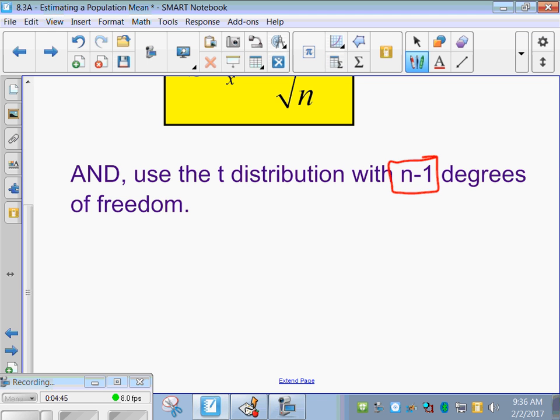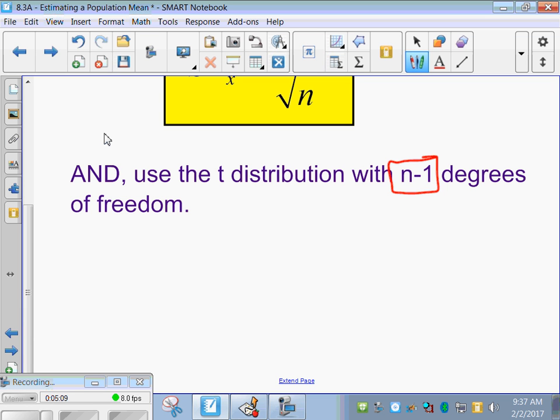It still has to do with your sample size. So if you sampled like 8 people or something, and we're looking at their heart rate or whatever, 8 people, you're going to use 7 when we look at the table, all right? If you sampled 10 people, you're going to use 9. That's it, n minus 1, all right? So t distribution is always n minus 1.